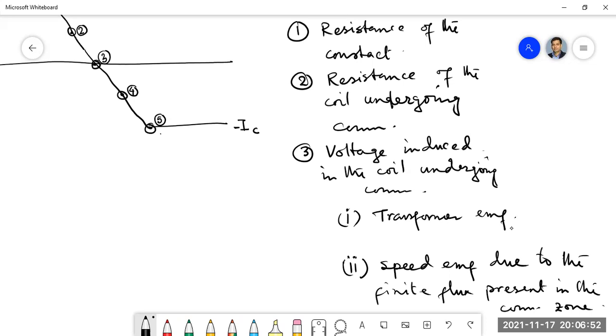Transformer EMF means what is that? L di/dt. Now you will ask me why you are considering L, since this is a DC machine.